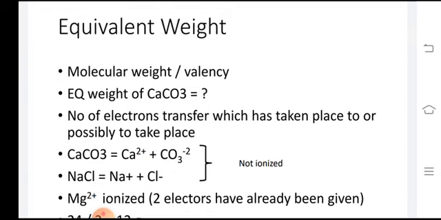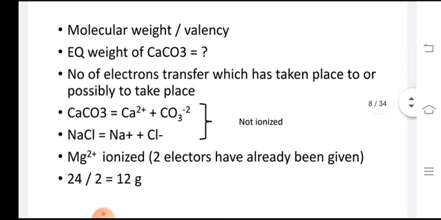So if you are going to find the equivalent weight of calcium carbonate, how will you do it? You will first of all find the molecular weight, which is 100, then divide it by 2, which is the valence number of calcium carbonate. This is the simple form in which we will be doing it.